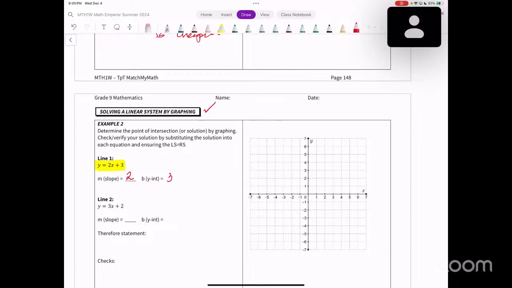All right, now going to Vishali online. What is the slope, Vishali? What's the slope for the second line? 3. And then the y-intercept is? Are you asking me? Yes, I'm asking you.